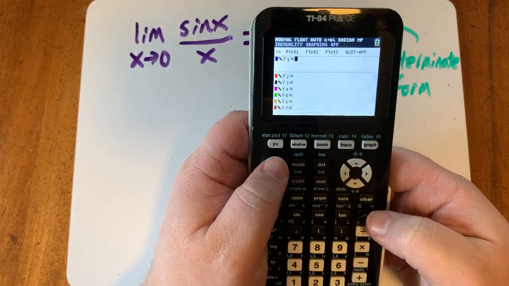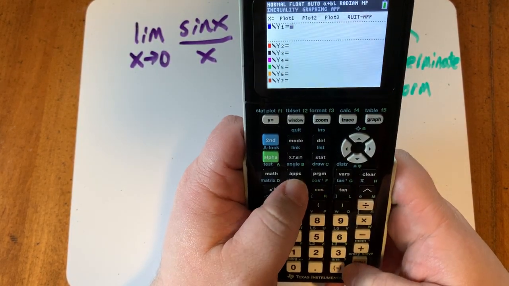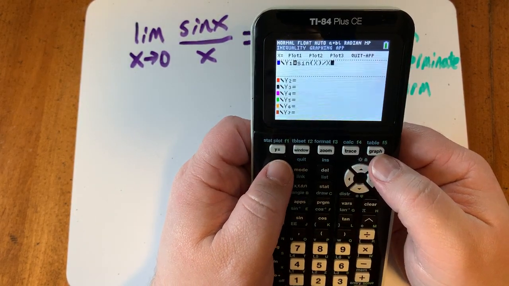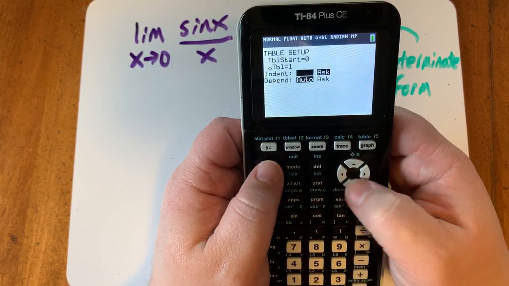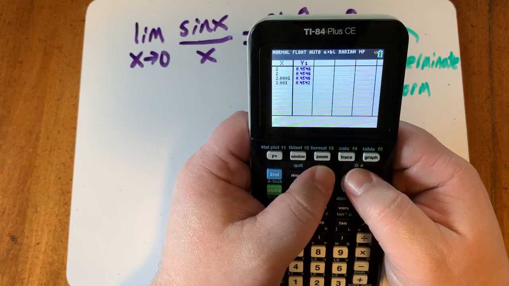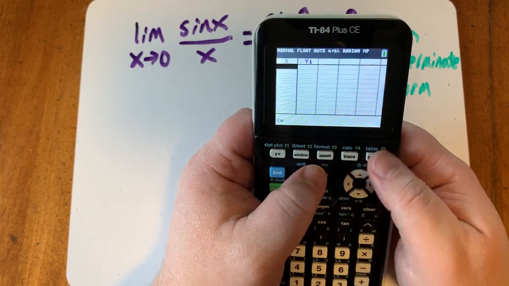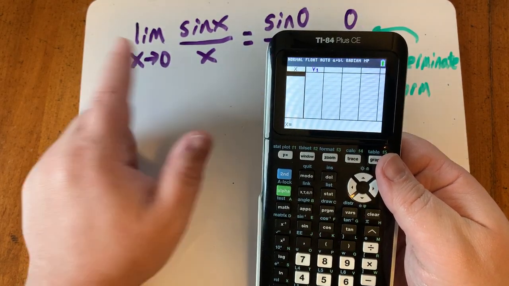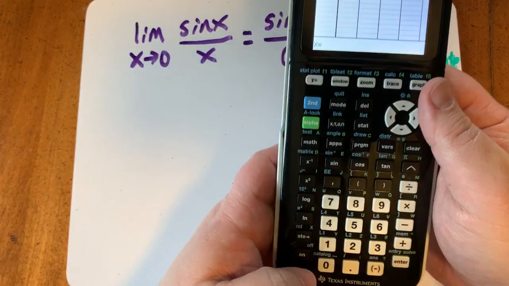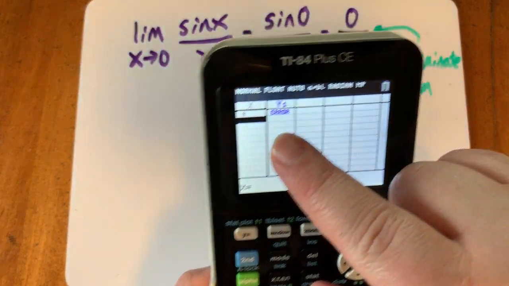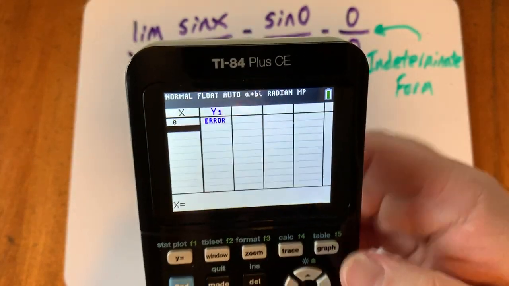I'm going to set this up as sine of x divided by x in y1, and make sure my table set is for ask, and it is. And I want numbers close to 0, but not 0. Because if I plug in 0, it gives me an error. It gives me a read error there. See there, you can see.